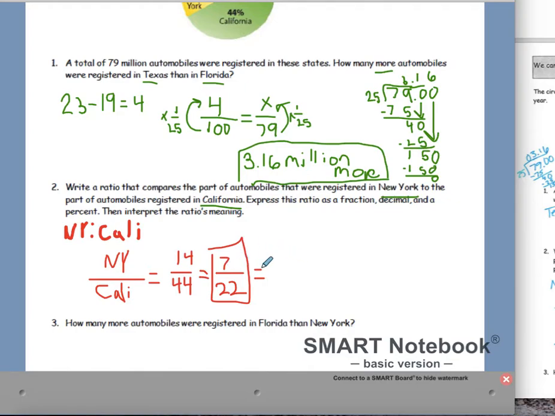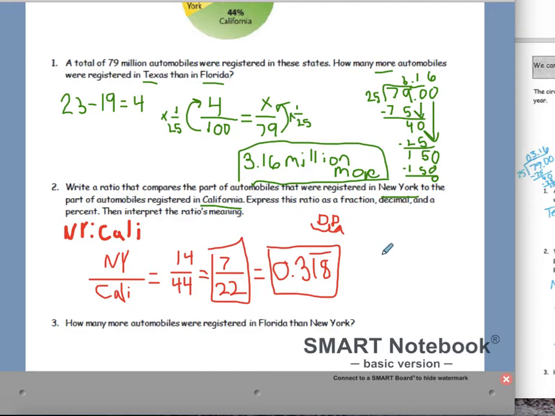So once you divided 7 divided by 22, you should have gotten 0.318, but that 18 is going to be repeating. So it's going to be 0.3 with the 18 repeating. And when we change that to a percent, remember, decimal to percent, we're going to move the decimal to the right 2 times.